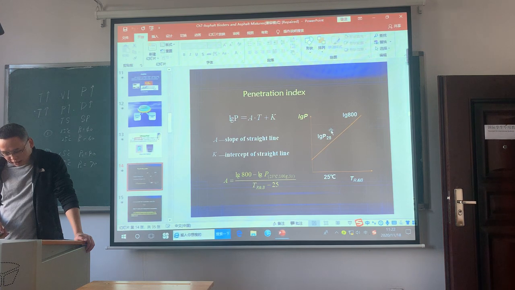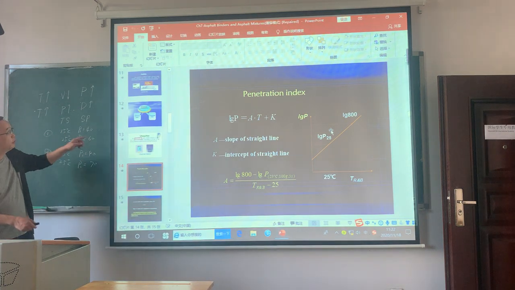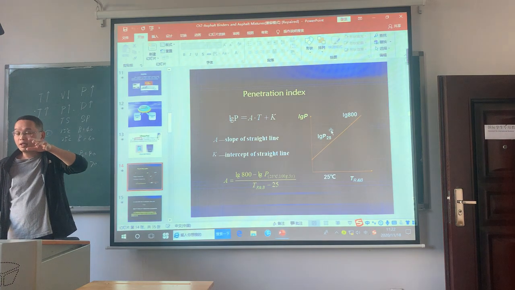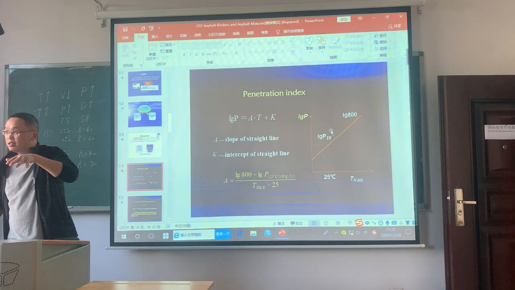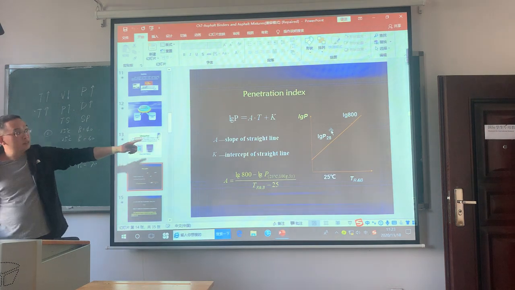You can also use the penetration index. For the penetration index, you still remember what we can do with it? To classify the colloidal structure, the sol type, the gel type, the sol-gel type, with this method.